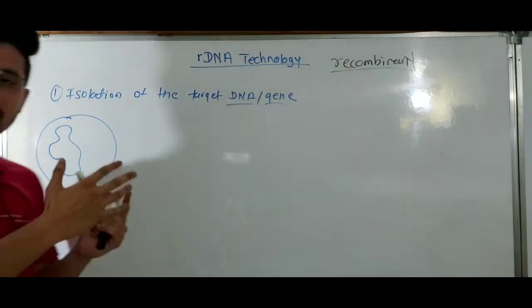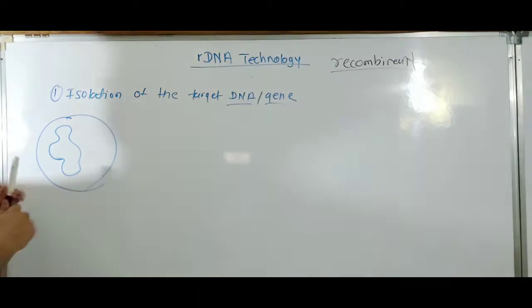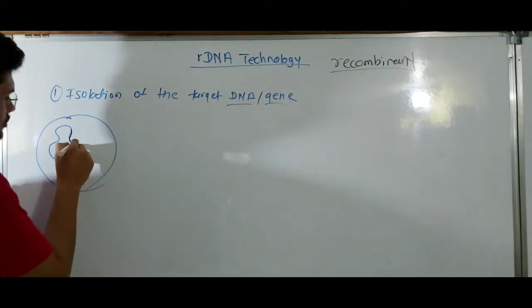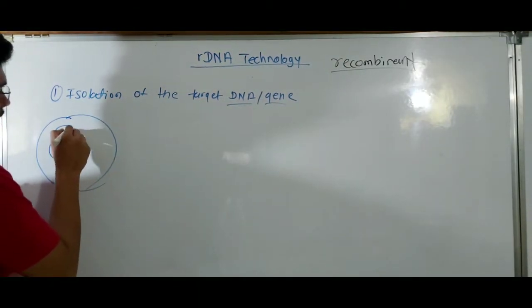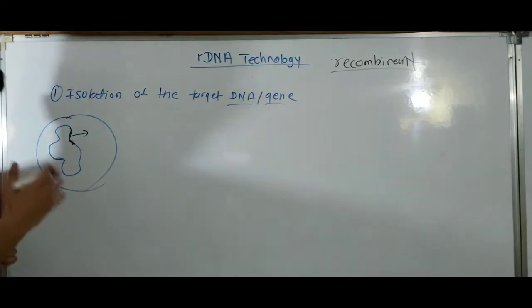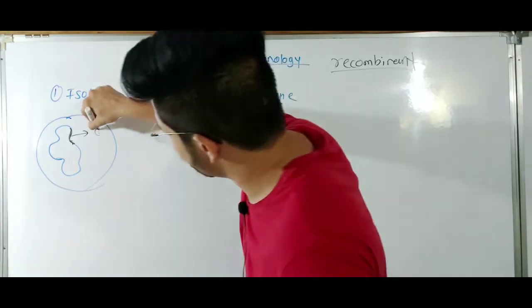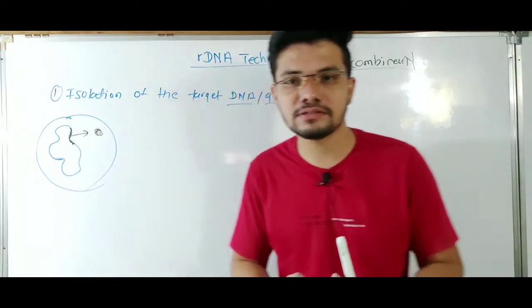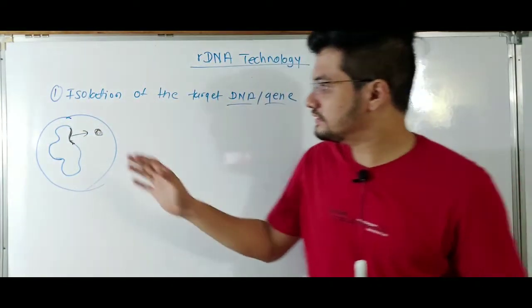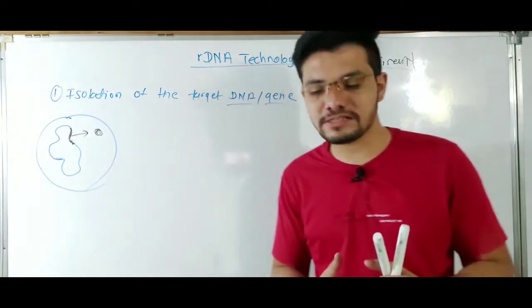This chromosome contains our target gene, the insulin producing gene. By transcription and translation of that gene, we get insulin inside the human cells.